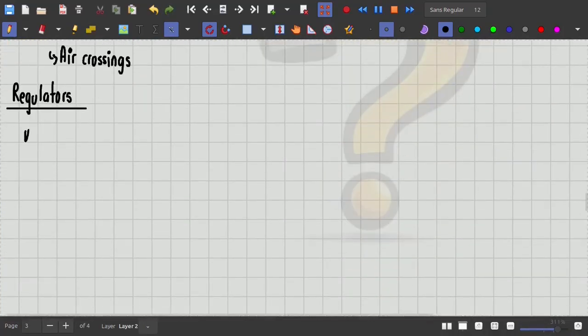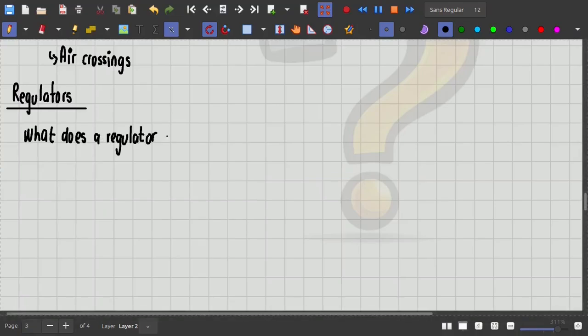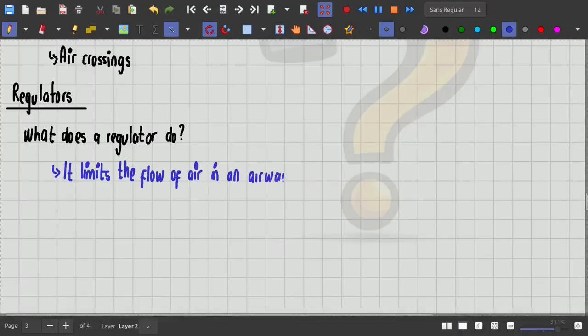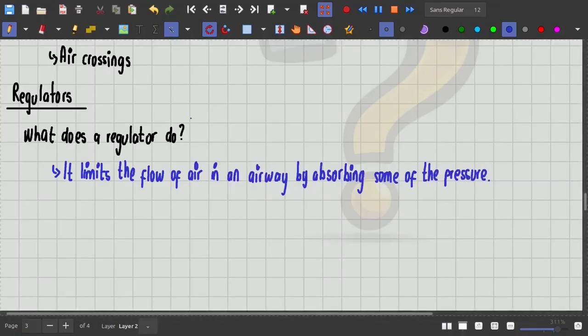So what does a regulator do exactly? The regulator limits the flow of air in an airway by absorbing some of the pressure. This sounds theoretically great, but you would then ask, how do you do this practically? How do you absorb pressure in an airway?